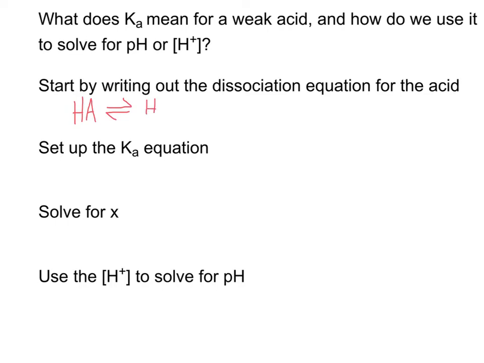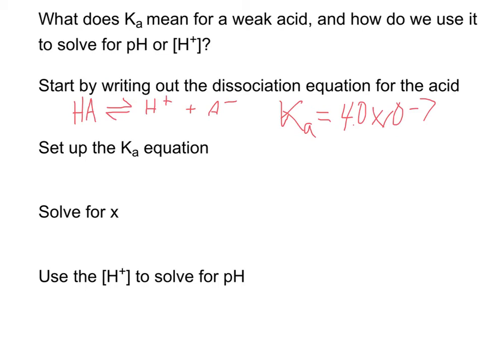In any of these problems, they're going to tell us the Ka value if they want us to solve for the pH or the H+. They could also give us the concentration of H+ and expect us to solve for the Ka. And in this case, the K is going to be 4.0 times 10 to the negative 7.